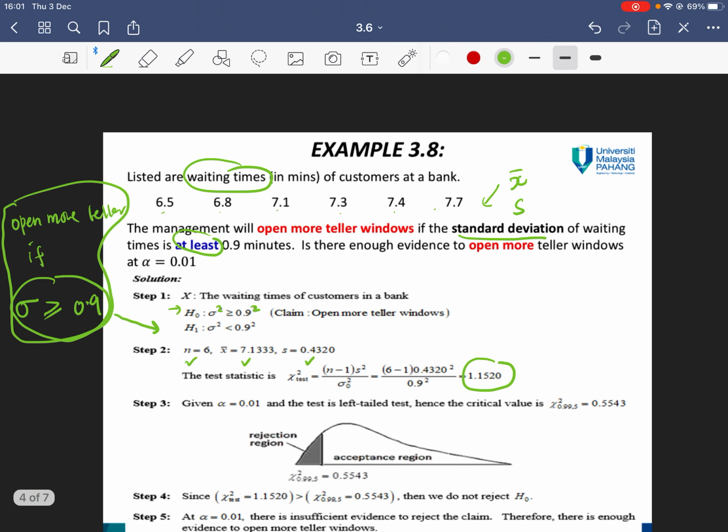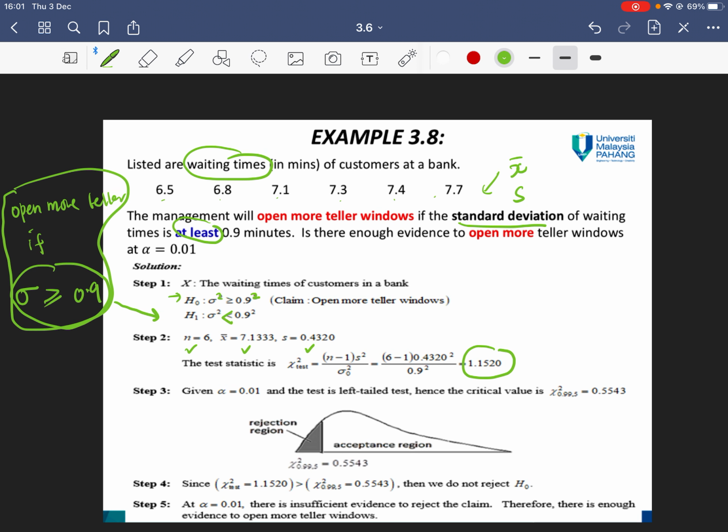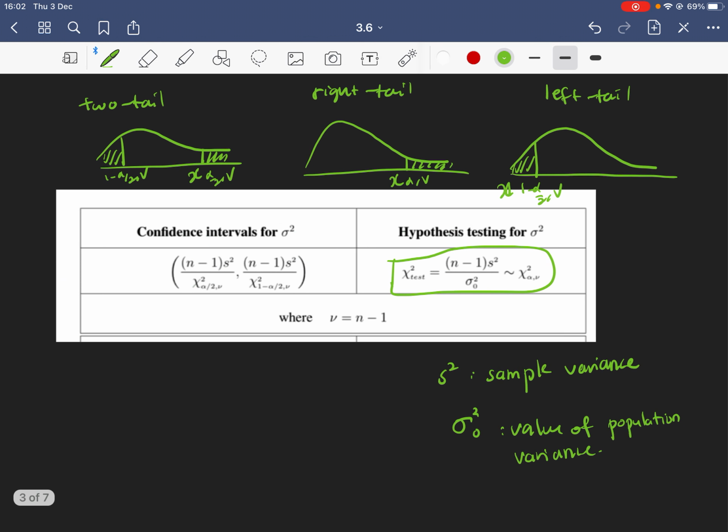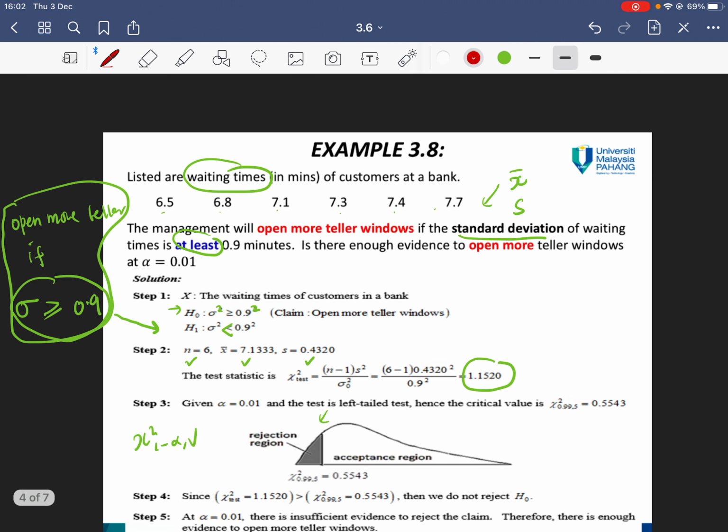For this question, it is a left tail, less than, so the left tail is chi-square 1 minus alpha, nu.